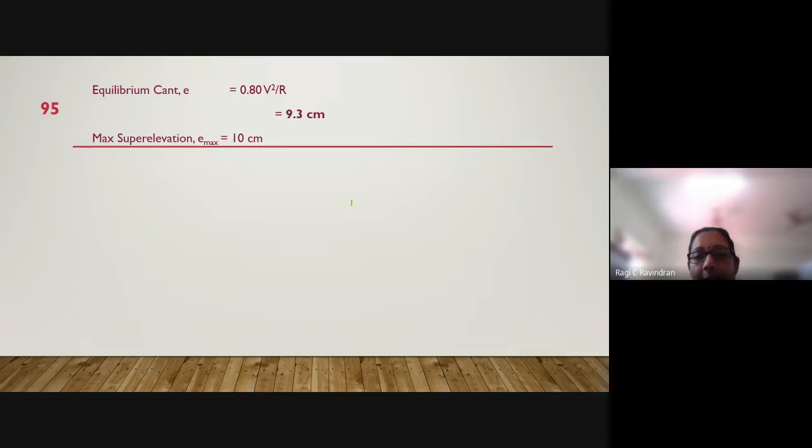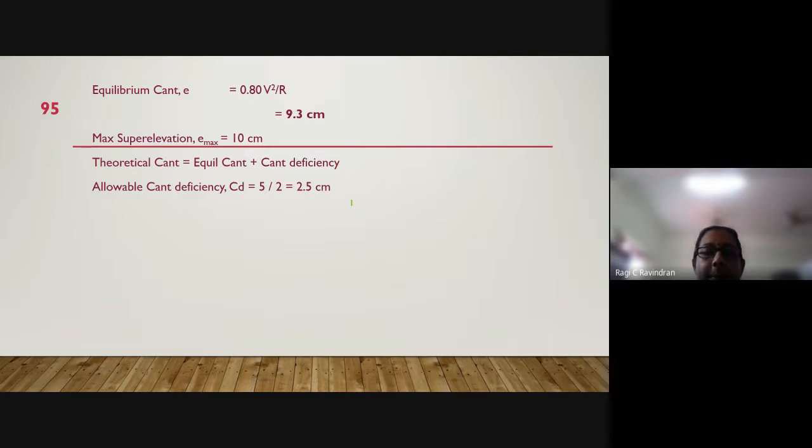And maximum super elevation for meter gauge is G by 10. That is how you calculate E max, right? The gauge width divided by 10 will give you the E maximum. So it is 10 centimeters for meter gauge. And again, theoretical cant is equal to equilibrium cant plus cant deficiency, and you can mention the condition given in the question.